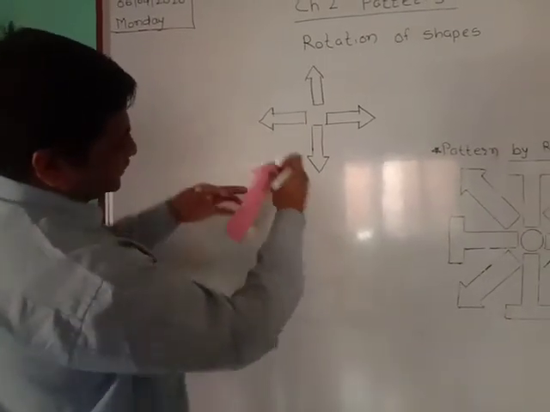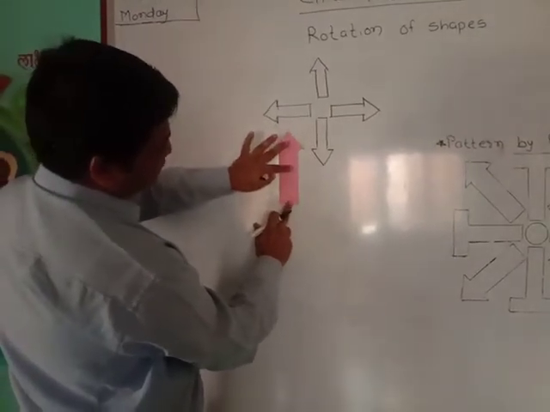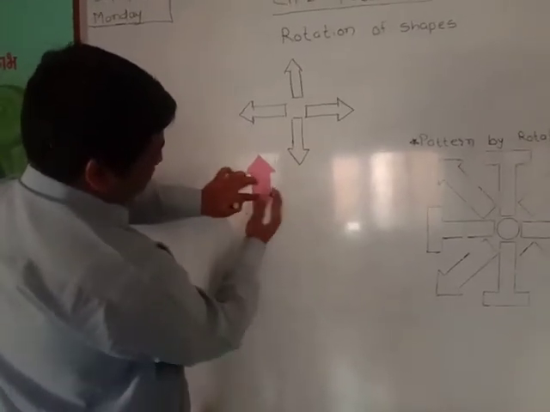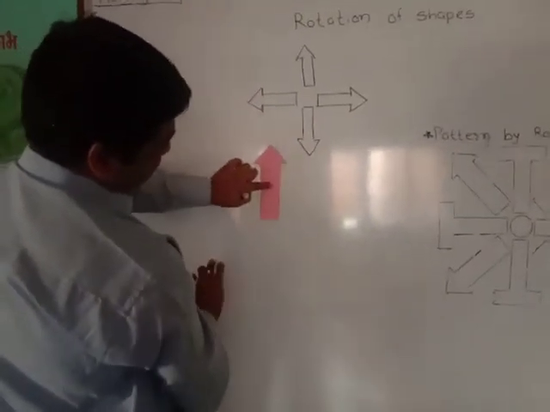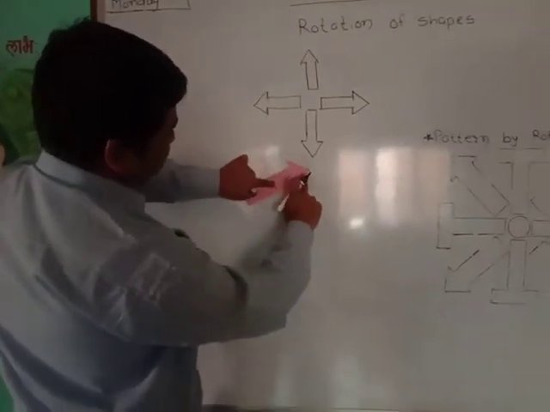Now we are turning this arrow at the bottom line or bottom center. Let's try to rotate the arrow about the center. Here I'm holding this at the center, and I'm going to rotate it through 90 degrees.